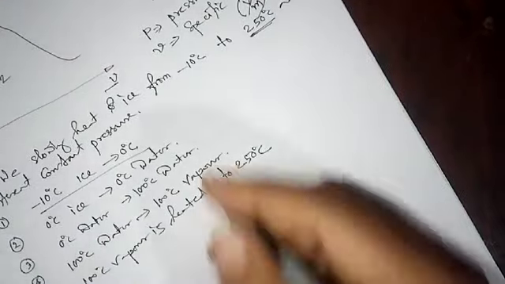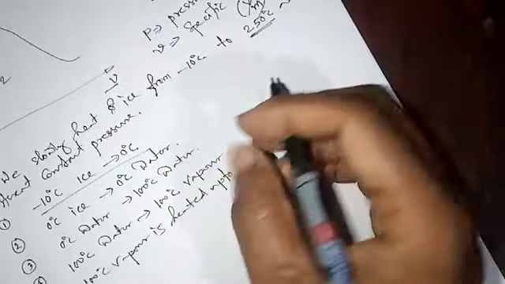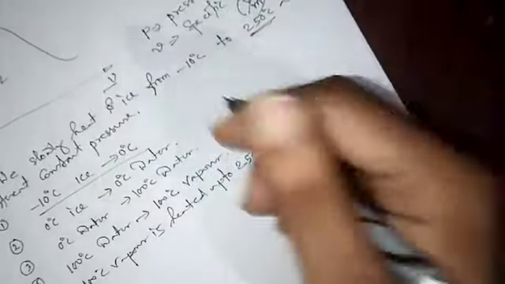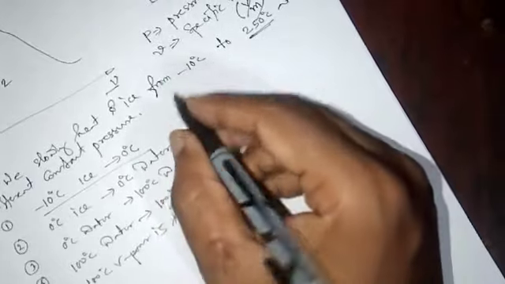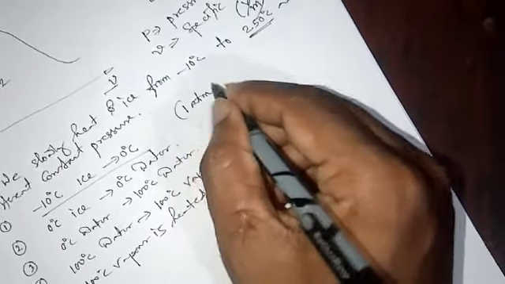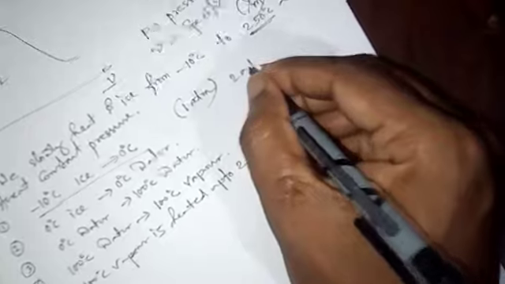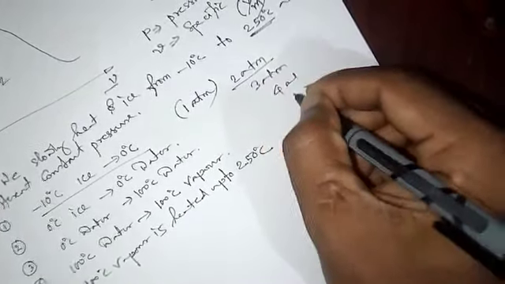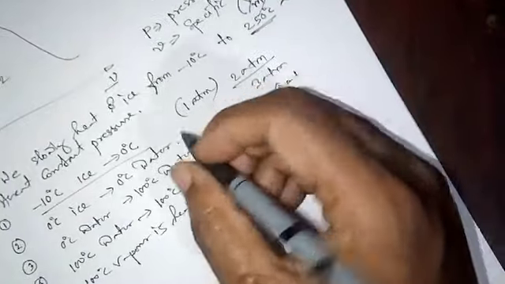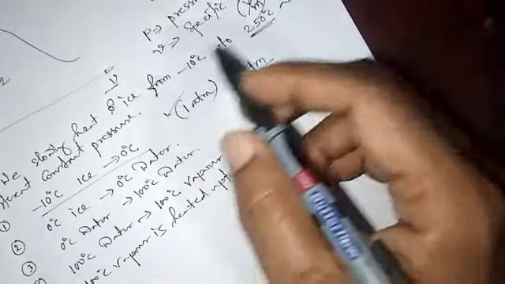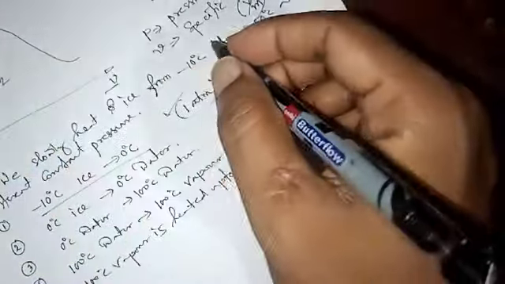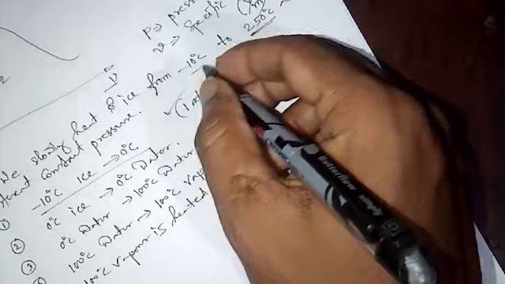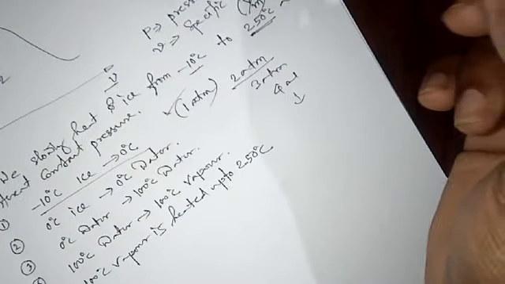All these processes are done at different constant pressures. First of all, we consider the pressure is 1 atm. Then we will consider the pressure 2 atm, 3 atm, 4 atm, and so on. Initially, at 1 atm constant pressure, we heat the ice from minus 10 degrees centigrade to 250 degrees centigrade.